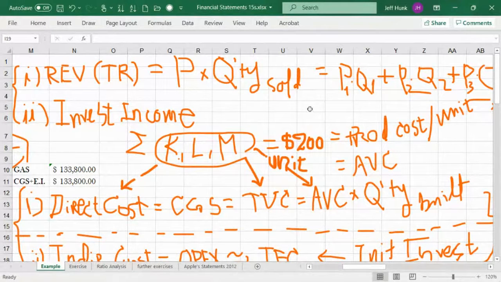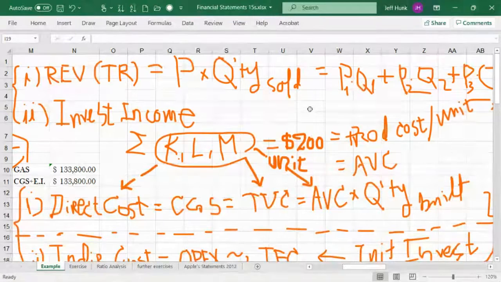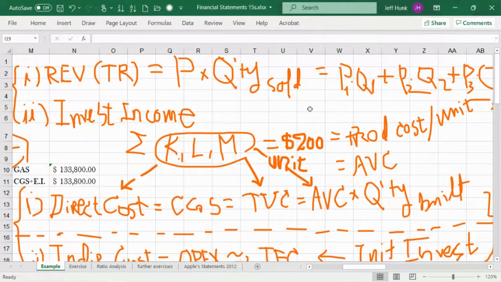If they sell 10 units, 3,000. 100 units, 30,000. 1,000 units, 300,000. 10,000 units, $3 million. If they sold 0 units, then 0.